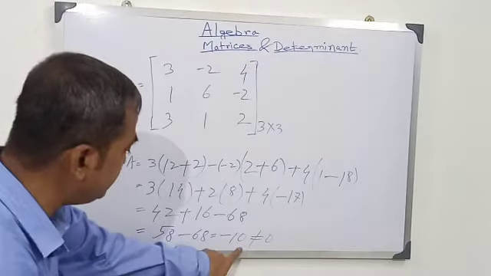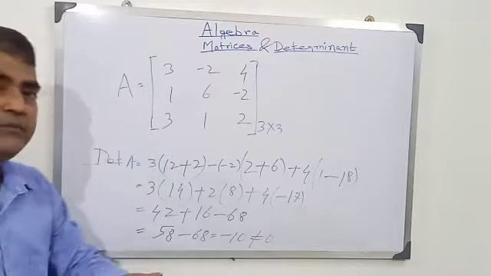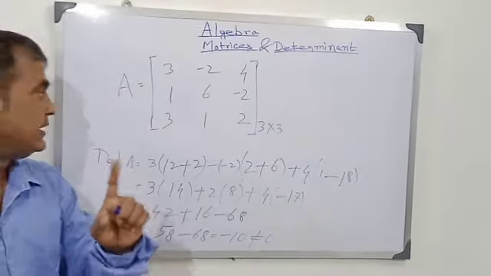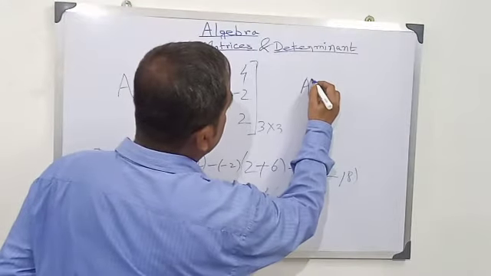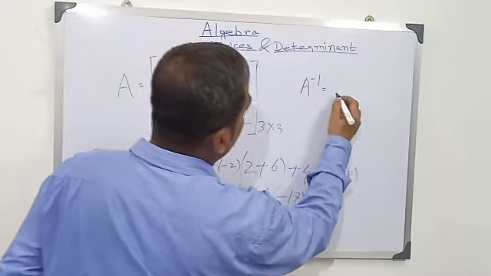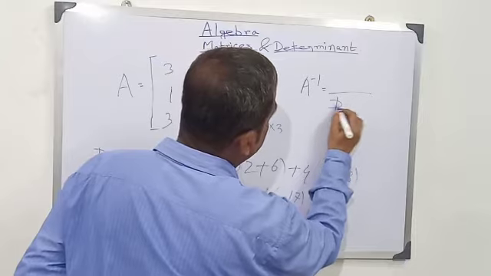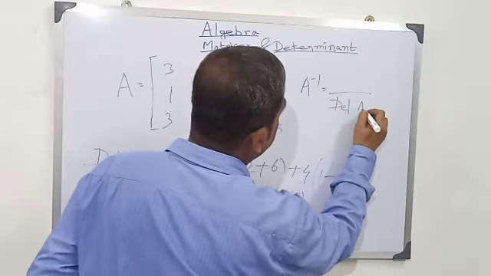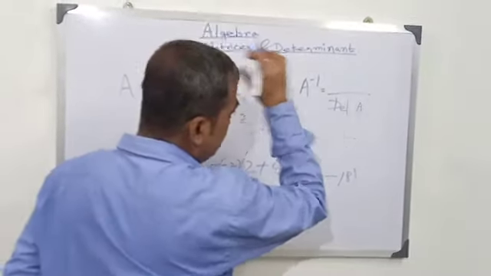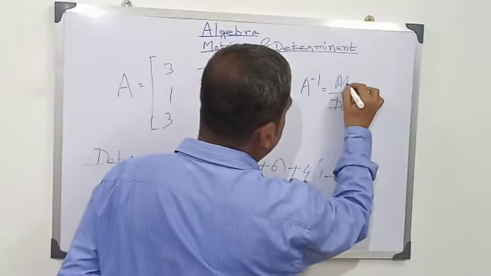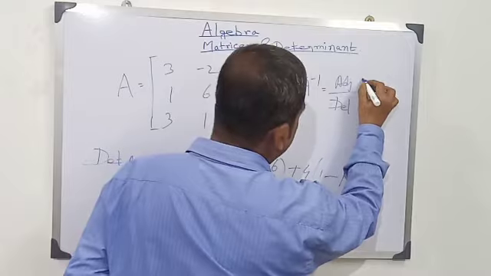If it becomes 0, then A inverse does not exist, because A inverse is equal to, we have to divide by determinant A, determinant of this matrix, and here we find out adjoint of A.